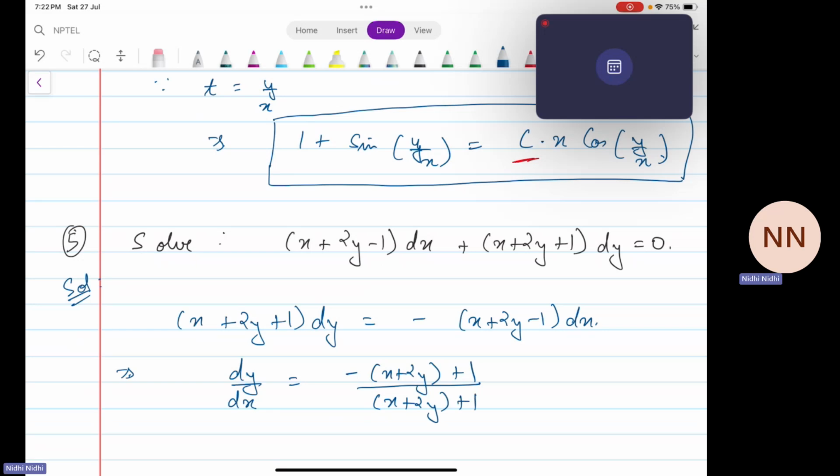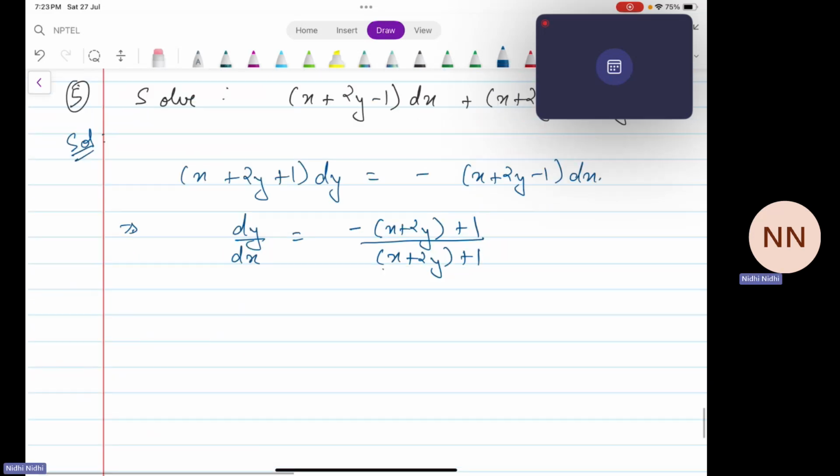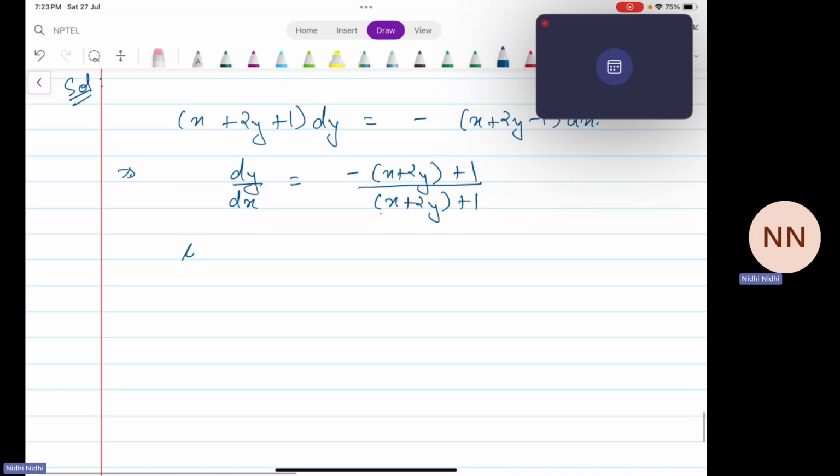Here we can see that everything is in the form of x plus 2y. So we can take some new variable t to be x plus 2y. So our problem would be something linear upon linear in terms of this new variable. So let's take the substitution t equal to x plus 2y.